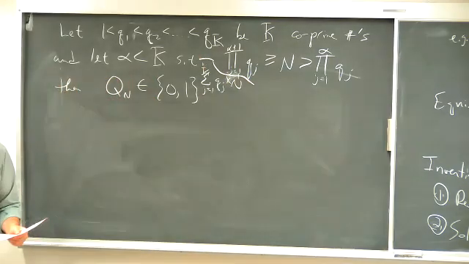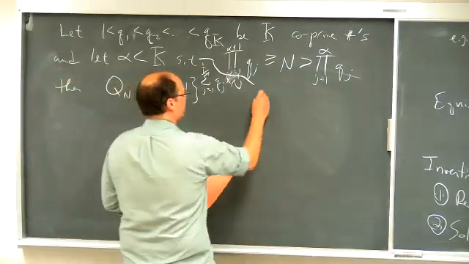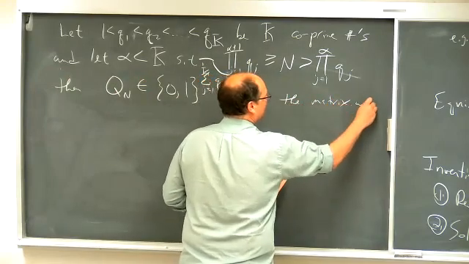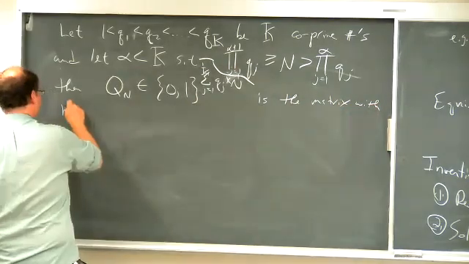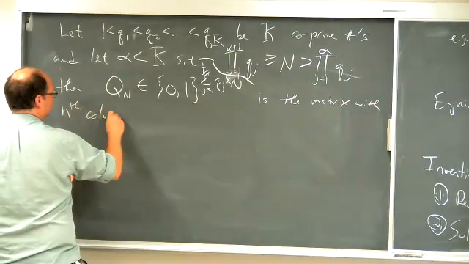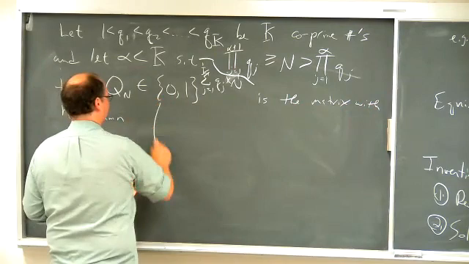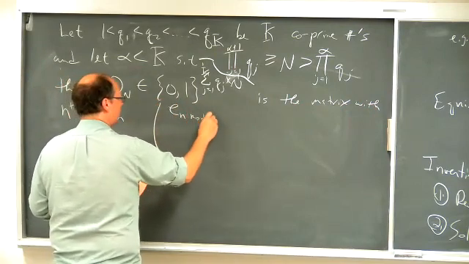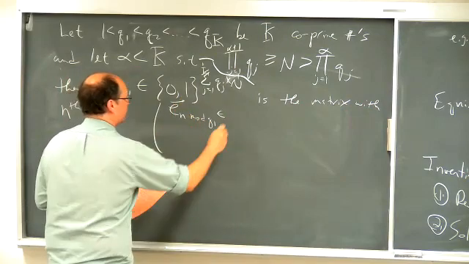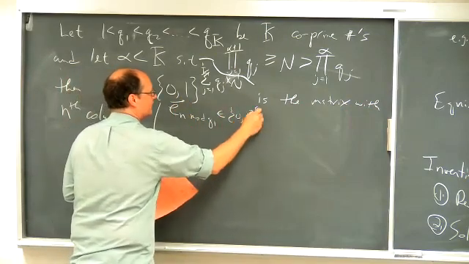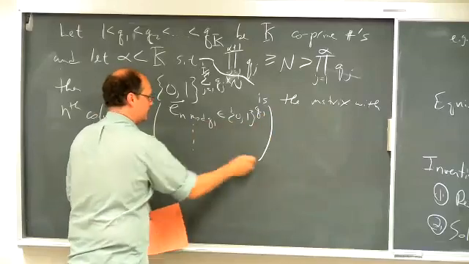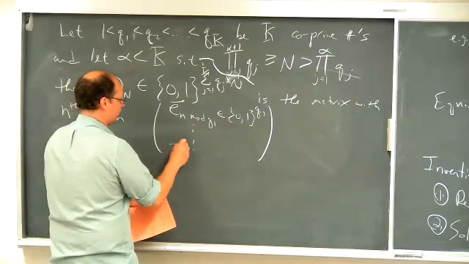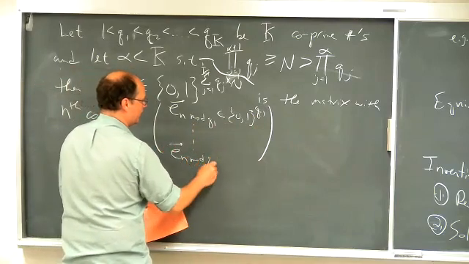So the sum of the number of primes I use, and it's going to be the matrix with nth column defined as over there. Just for the sake of writing it down, I'm going to take n mod q1, where this is the canonical basis vector of length q1, and then I'll repeat that down to the kth prime. And that's why I end up with the sum of the number of primes as my number of rows.